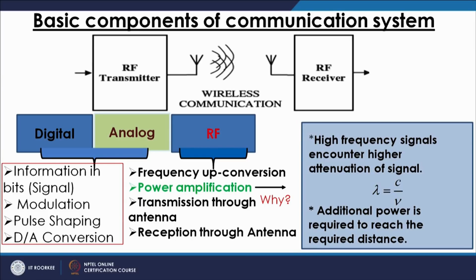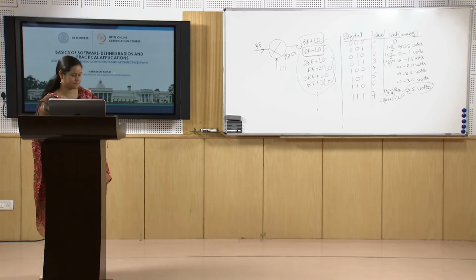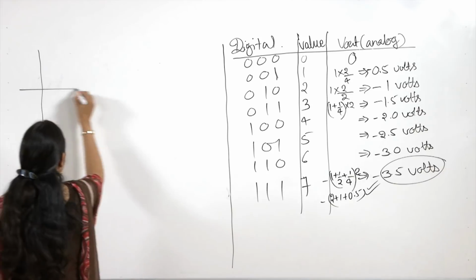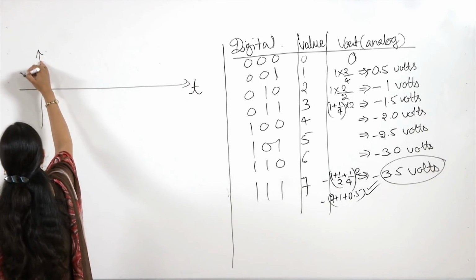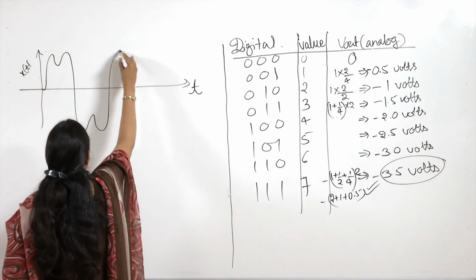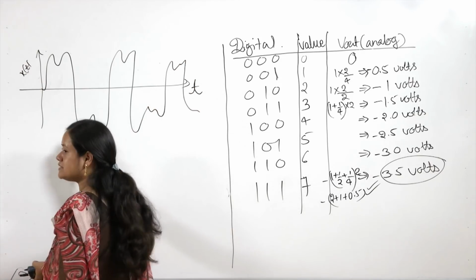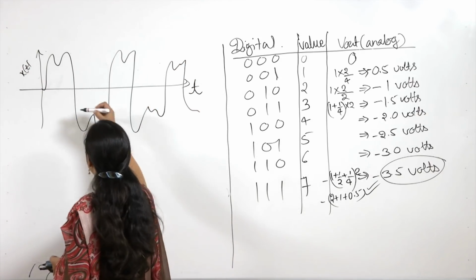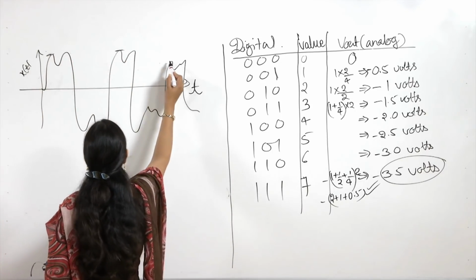So what does it mean actually? What is the wavelength actually? Wavelength is the distance travelled by a wave from crest to crest. So let us say this is our signal and it is repeating here, its crest is here.